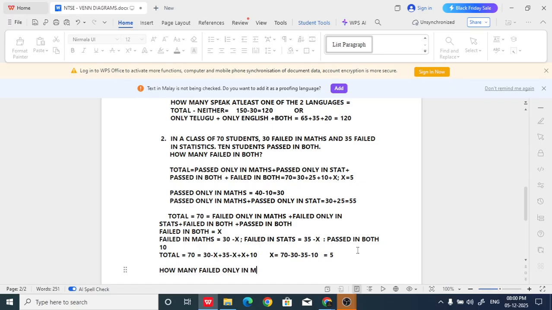Only in maths, how much is it? 30 minus 5 equal to 25. How many failed only in stats? 35 minus X, like that, 35 minus 5 equal to 30. Like that you should calculate. Whatever is asked, you should calculate like that.